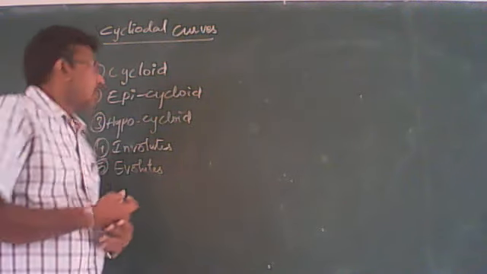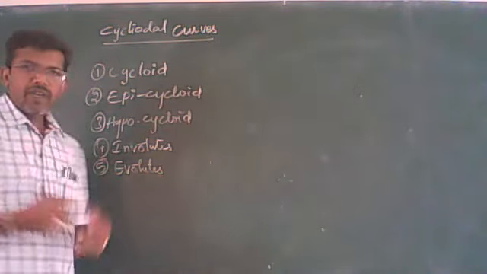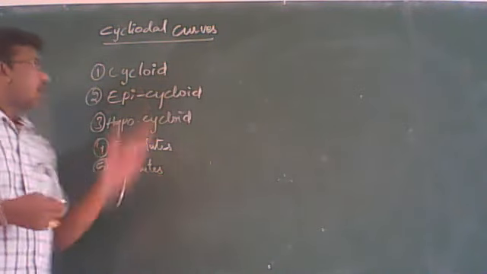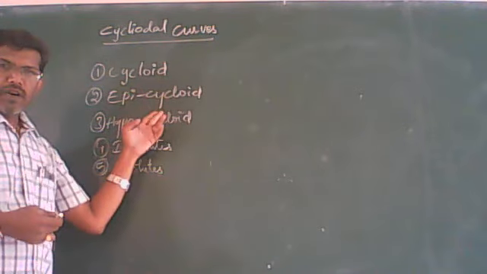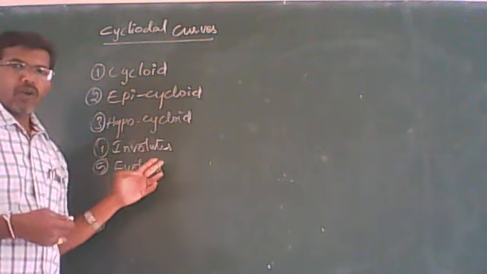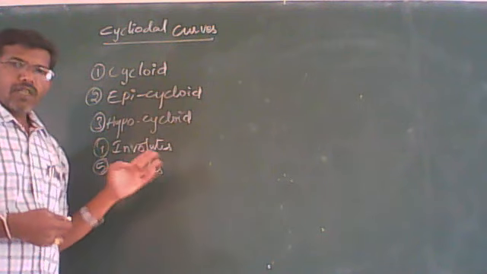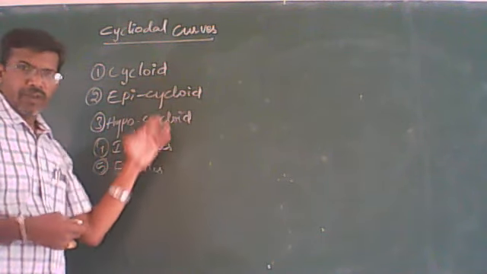So now let us see the differentiation between a cycloid, epicycloid, hypocycloid, involute, and evolute. Today let us see the difference between these three.